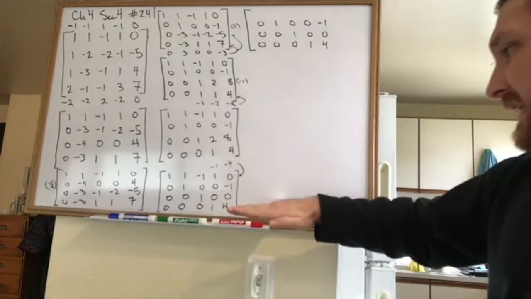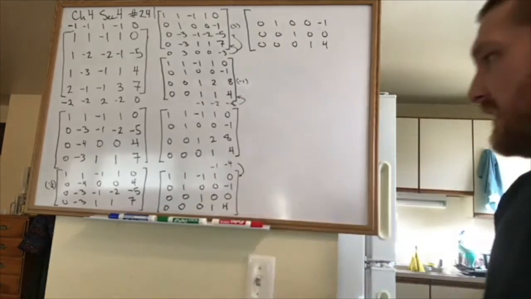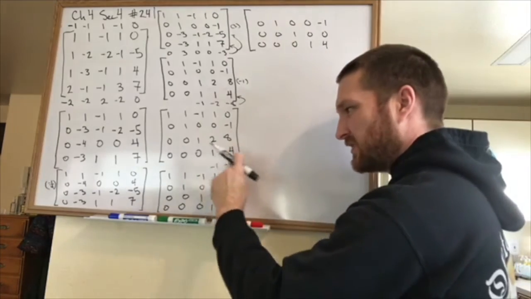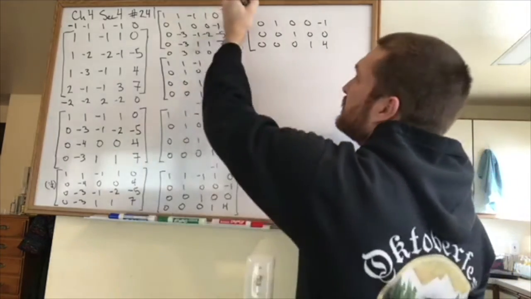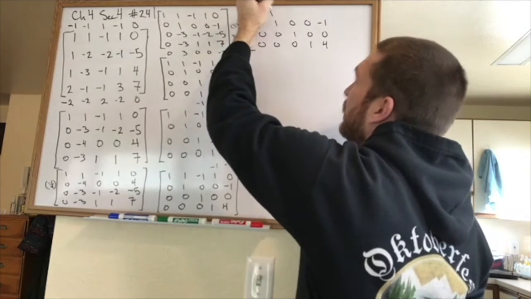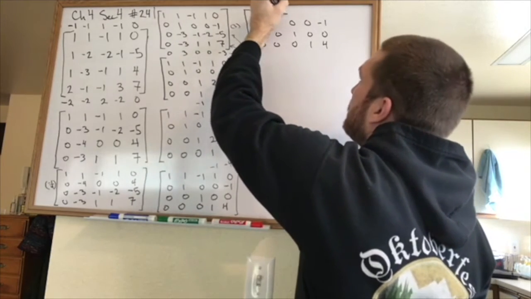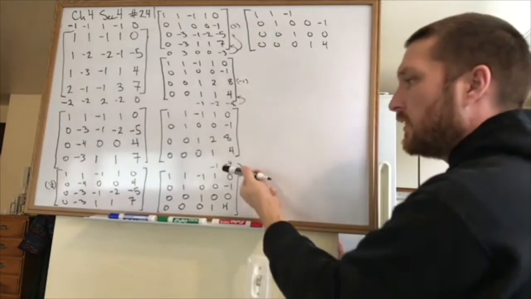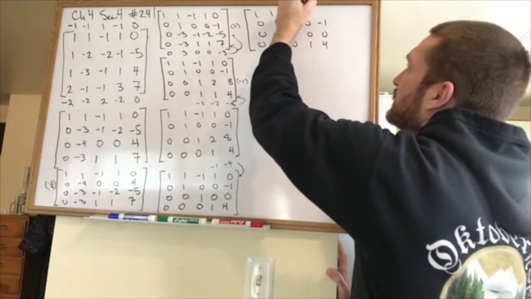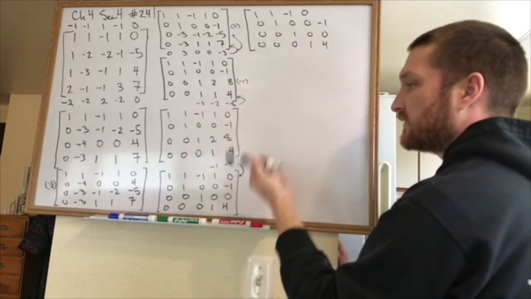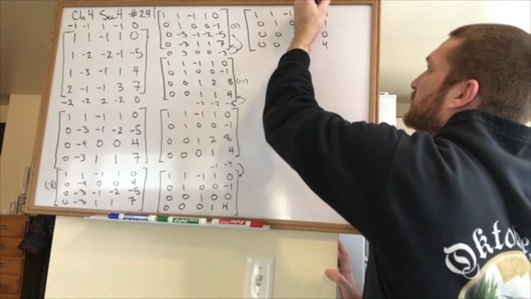Now, take -1 times that, add it to there. It's the same as adding those two numbers here. The zeros just give me that right back. Now, -1 and the 1 give me a 0. And the -4 and the 0 give me a -4.